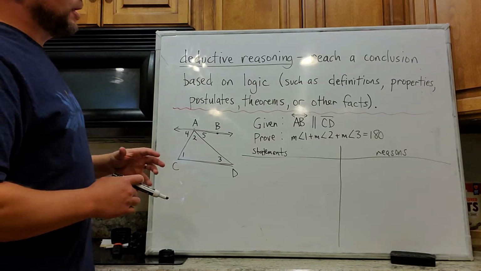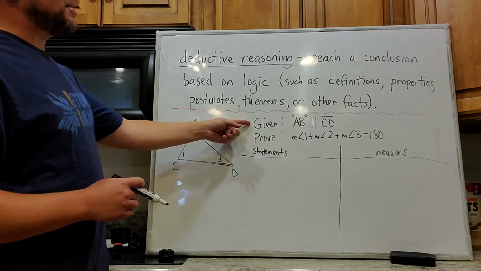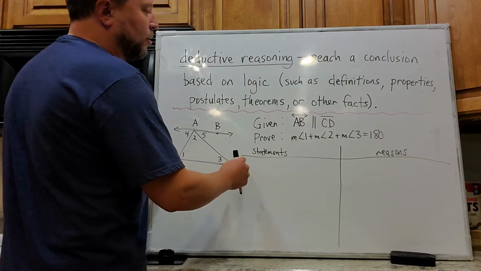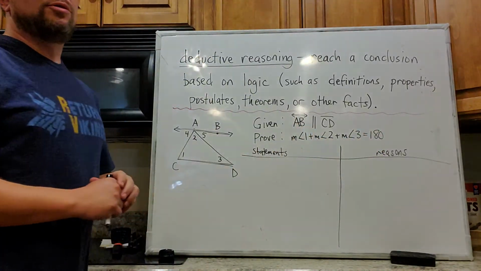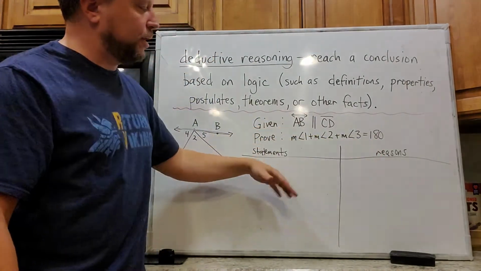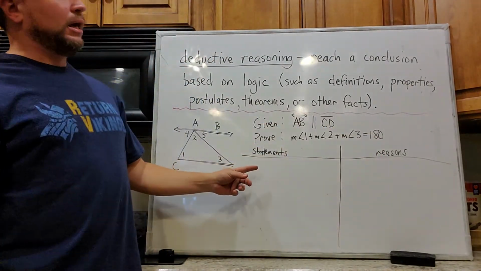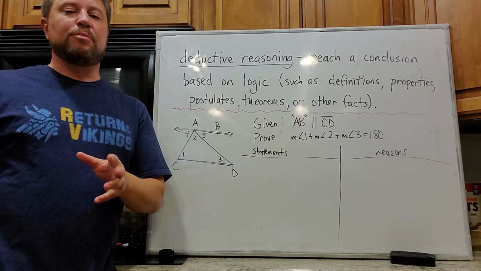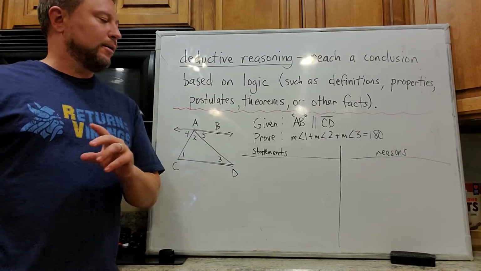All right, so the given statement is really your starting point here, and we're going to create what's called a two-column proof. You see how I've split my board into two columns? A two-column proof, by the way, is the most common type of proof that you're going to see out there.